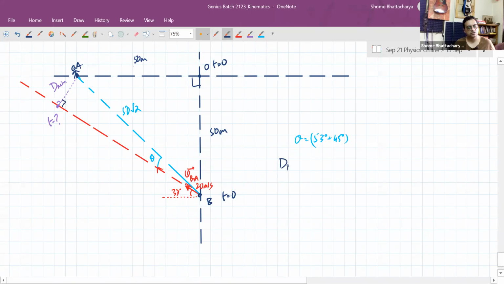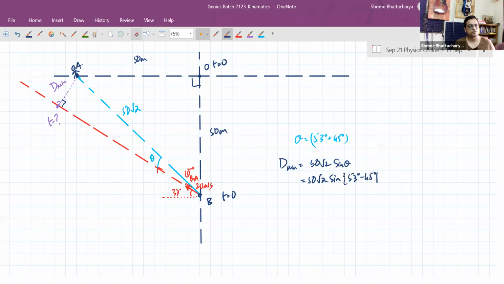So what is D minimum now in that trigonometry of this triangle, because this is a right angle triangle. So this minimum distance is 50√2 sin theta. So it is 50√2 sin of 53 minus 45. So sin of 8 degrees, but we'll calculate sin of 8 degrees using this.